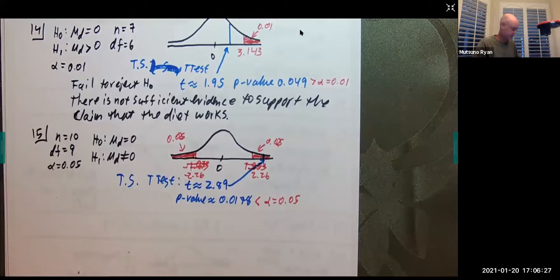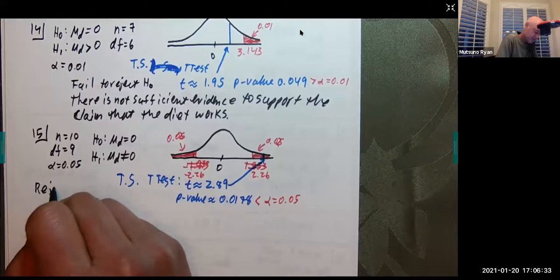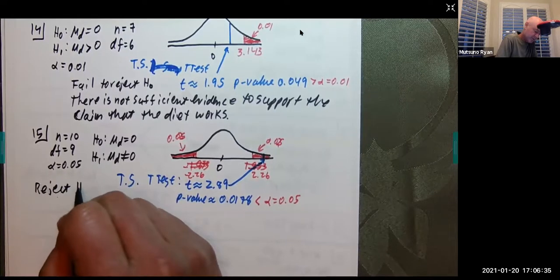So what does that tell us? How do we interpret that? This means that we are going to reject. So reject the null hypothesis.